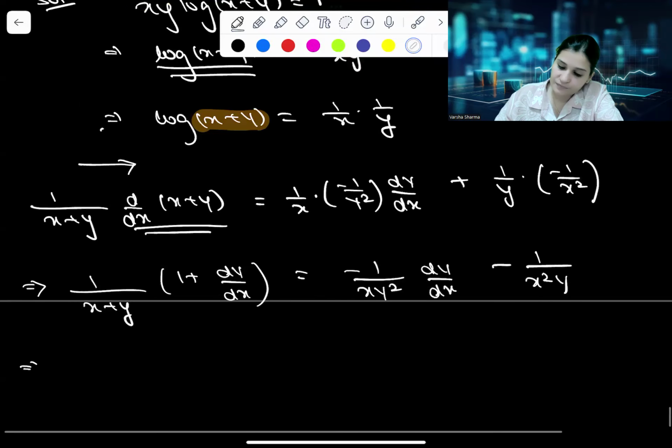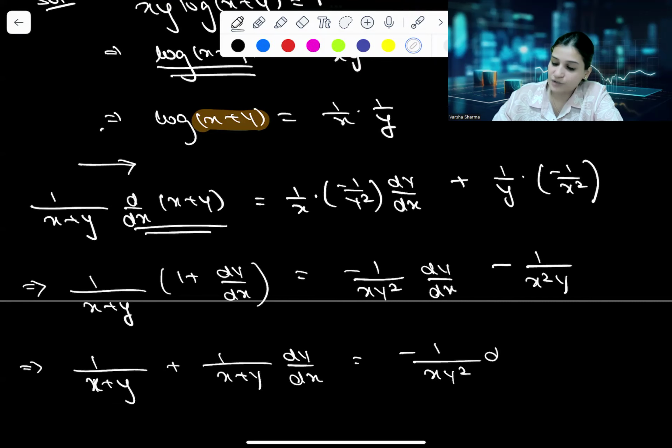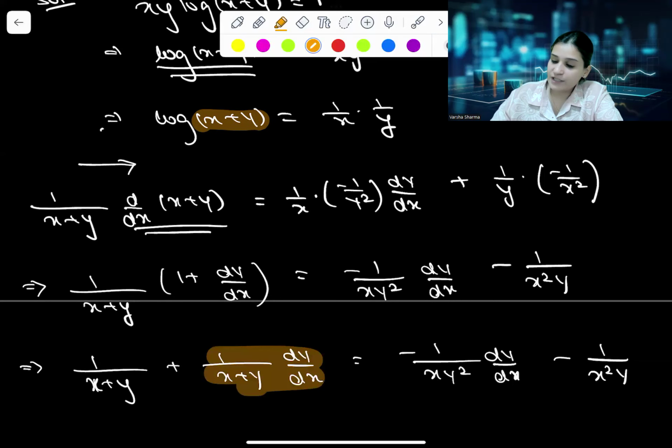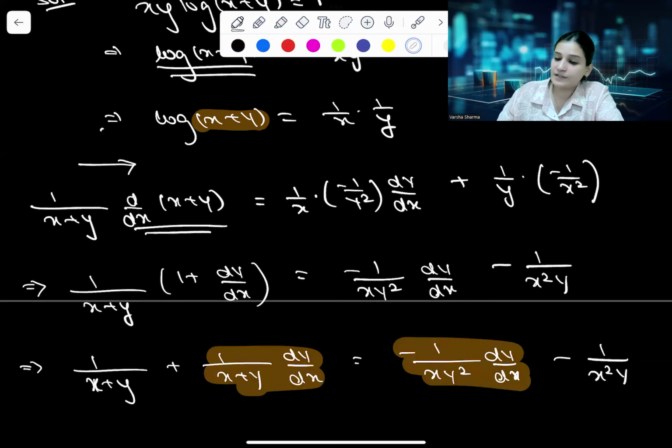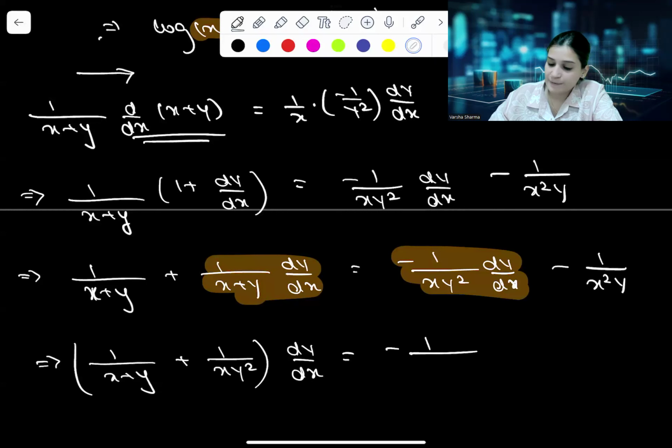Let's multiply. 1 by x plus y plus 1 by x plus y dy by dx minus 1 by xy square minus 1 by x square y. So in these two terms, let's take dy by dx common. The other two terms are there.